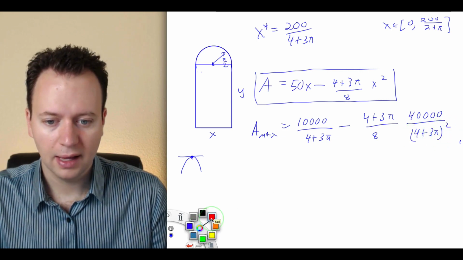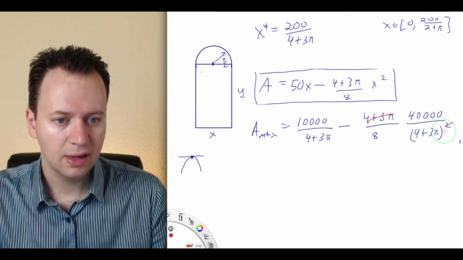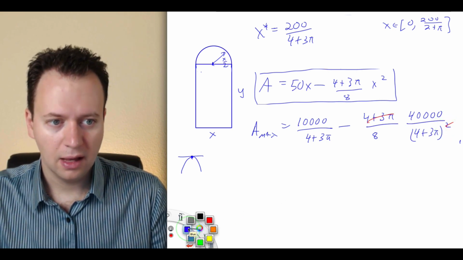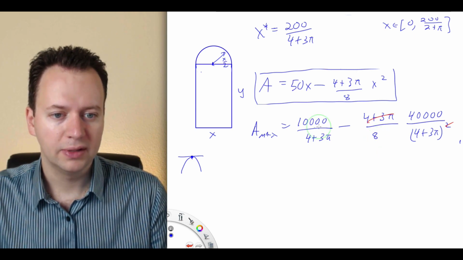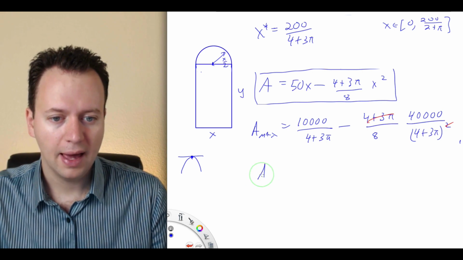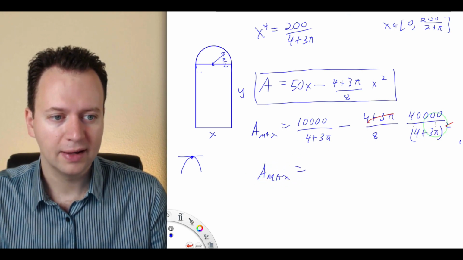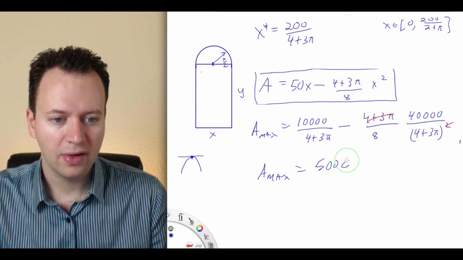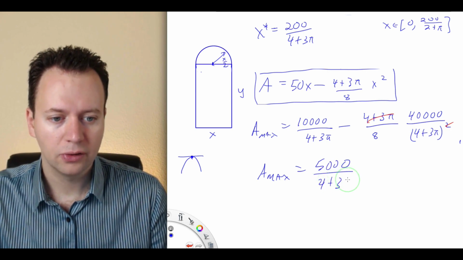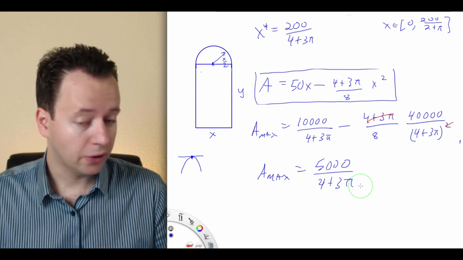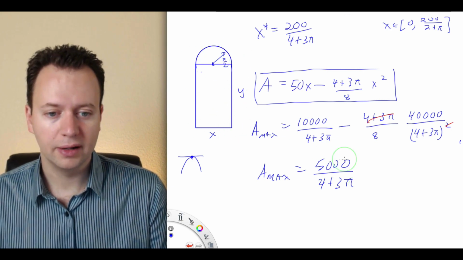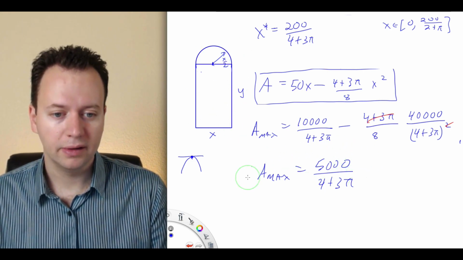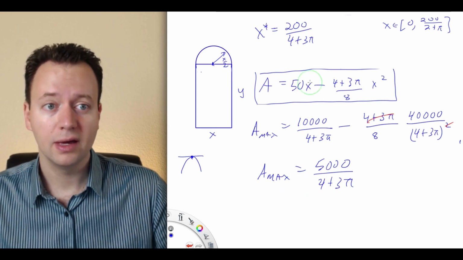And you'll notice that one factor cancels like this, and then 40,000 over 8 would be 5,000. So 10,000 over 4 plus 3 pi minus 5,000 over 4 plus 3 pi, the maximum area, is 5,000 over 4 plus 3 pi. So in whatever units the perimeter is measured, squared, this would be the maximum area for the window.